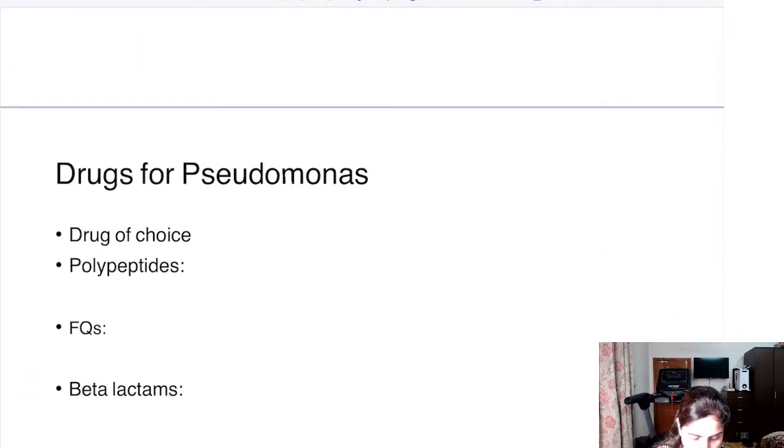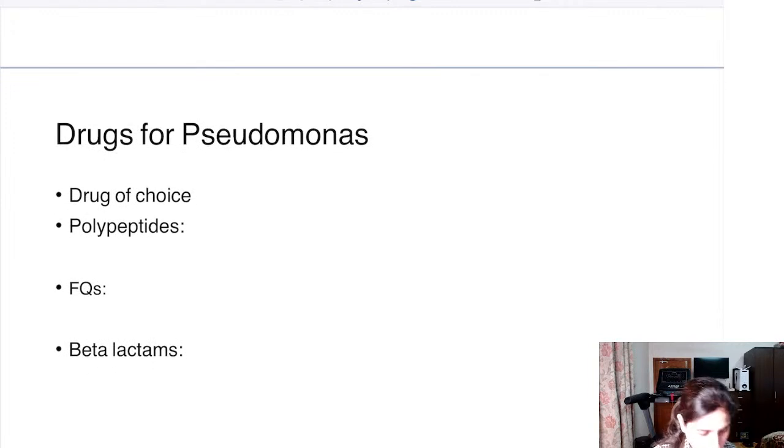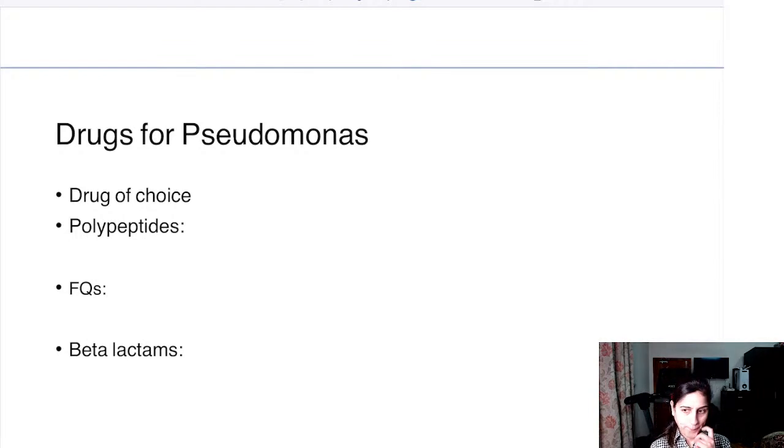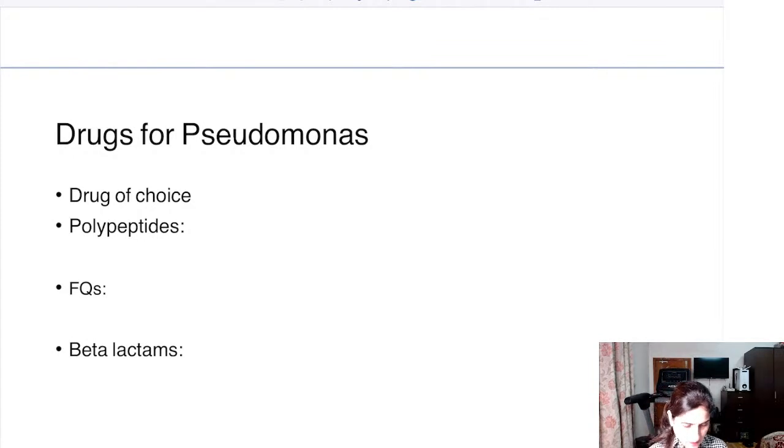Then there are drugs for pseudomonas. Drug of choice for pseudomonas. There are a lot of drugs, but if we talk about the drug of choice, which is the drug?